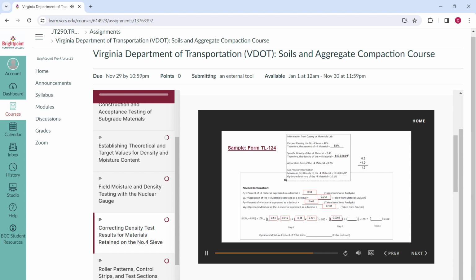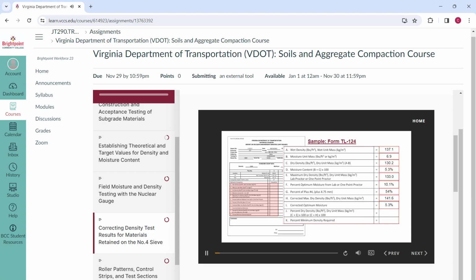The first half of the problem comes out to be 0.0065. The second part comes out to be 0.046. And when those are added together, they come out to 0.0525. We then multiply that number by 100 to find our optimum moisture, which in this case will come out to be 5.3% and can be entered onto line I of our TL124.